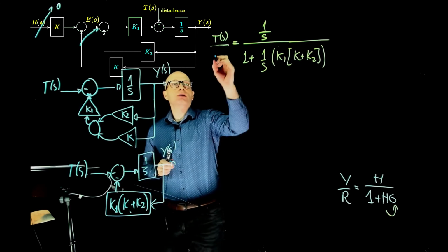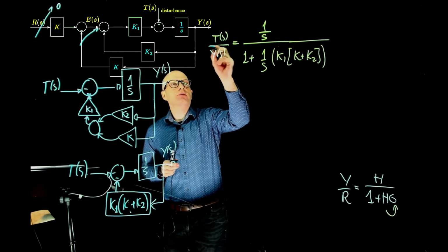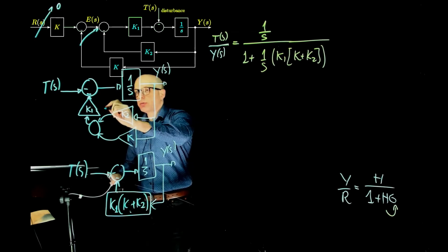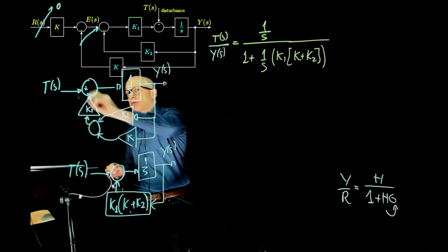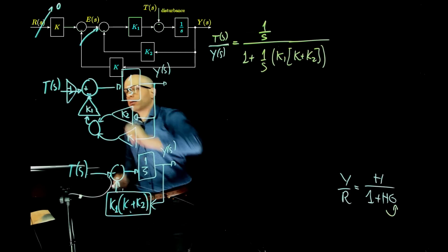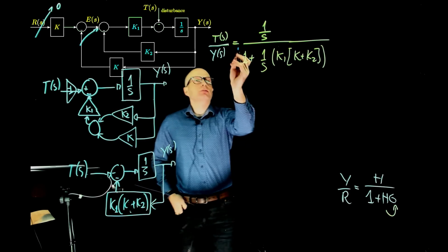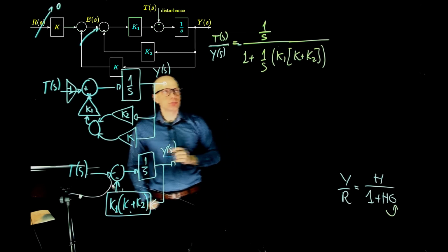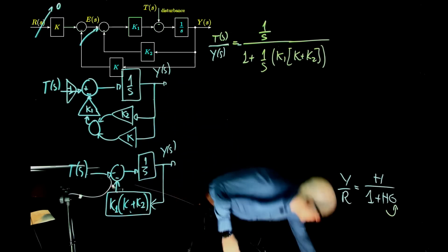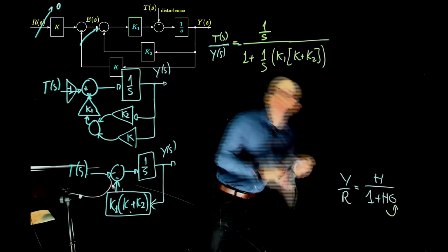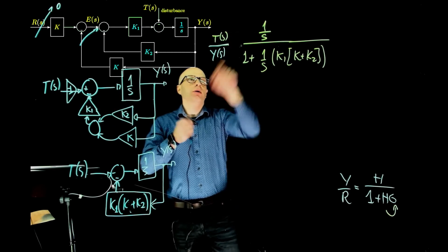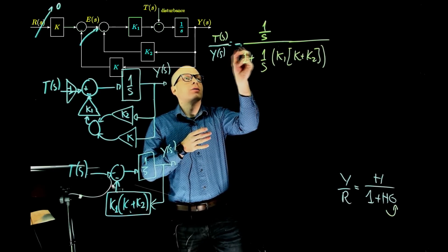This is indeed T of s over Y. Because of this negative sign, which is equivalent to having a positive sign and a negative 1 multiplying, you can just multiply the whole thing by negative 1. This negative sign makes its way here.